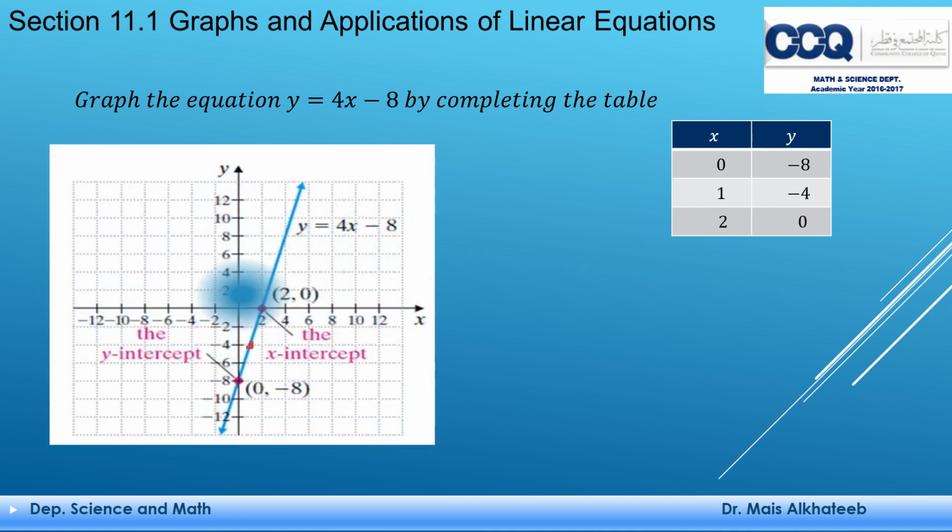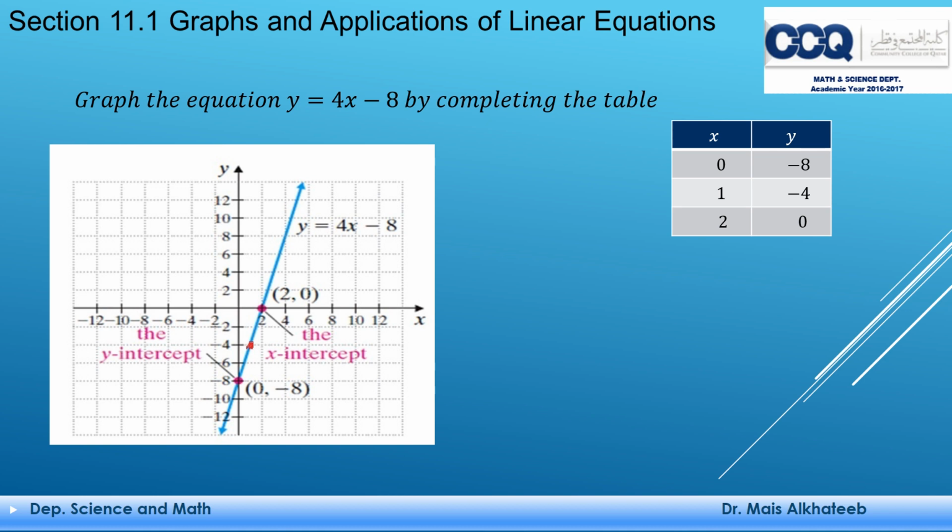I will sketch the first point, which is 0, minus 8. 0 minus 8 lies on the y-axis because x equals 0. Then I sketch another point, which is 1, minus 4, the second red point. The third point will be 2, 0.